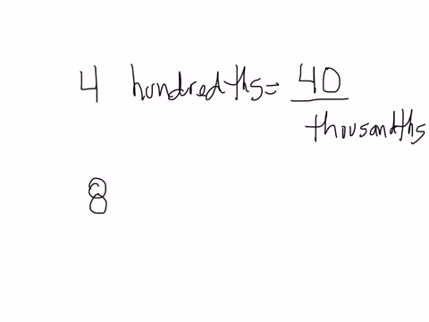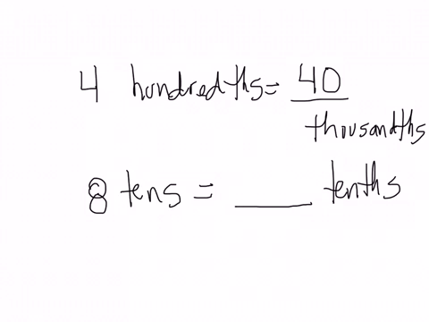This one is a little bit different. It starts with 8 tens, and I want to know how many tenths. My suggestion is to think of this as doing an intermediate stop. I'm going to have to break things up twice. If I take a 10 and break it into 10 pieces, I'm going to have ones. And if I take a 1 and break that into 10 pieces, they'll be tenths. So I'm going to do it twice.